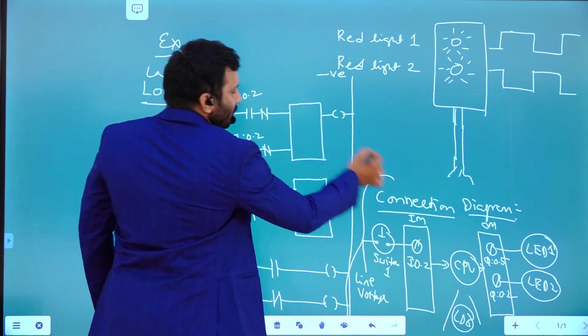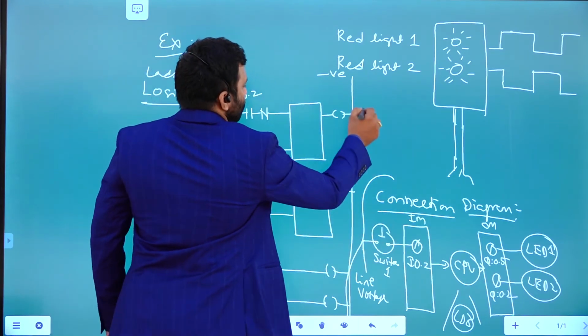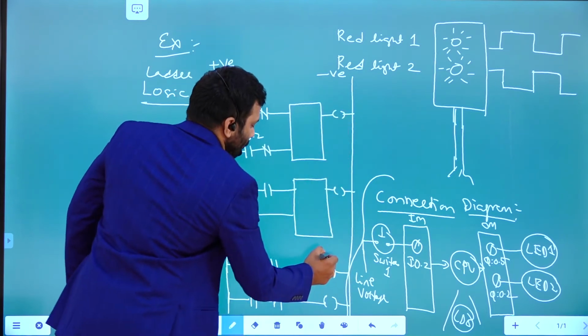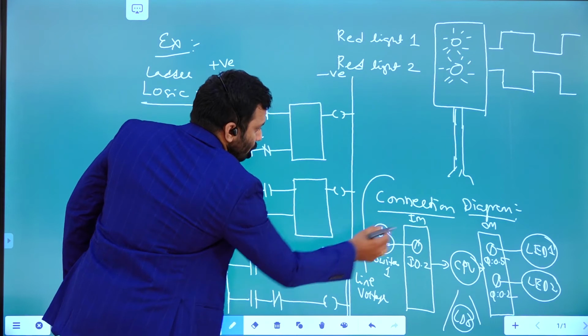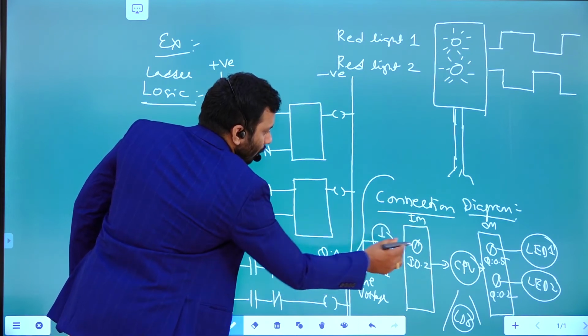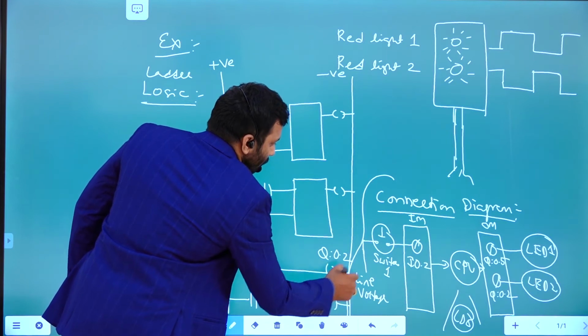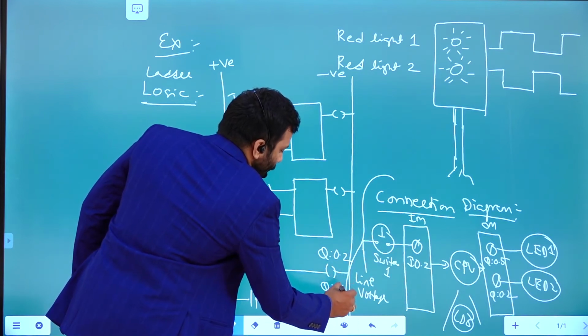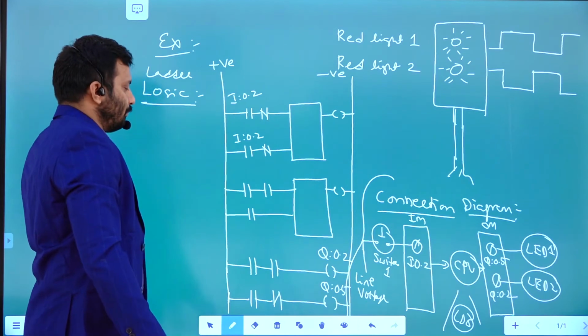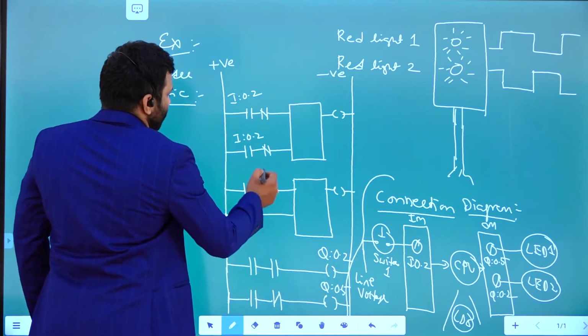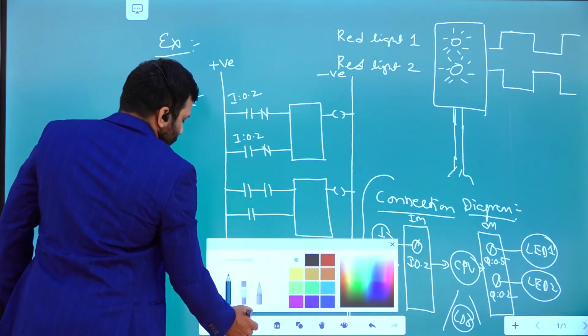So what outputs are we going to get here? These first outputs are Q 0.2 and Q 0.5. These are the two outputs which are going to be connected.